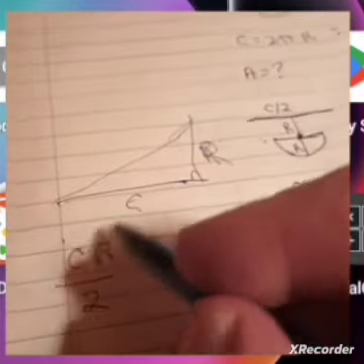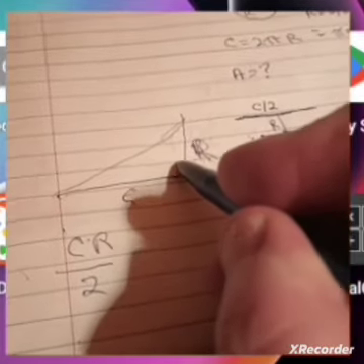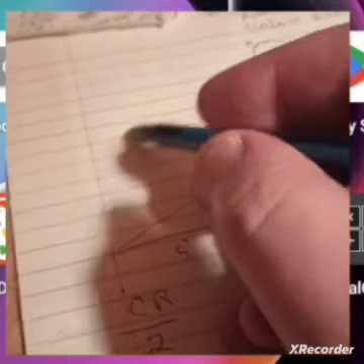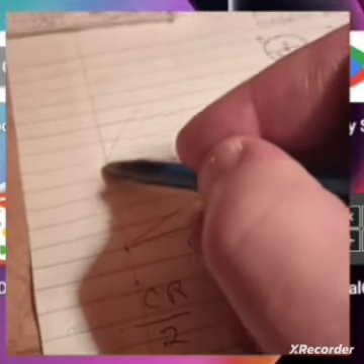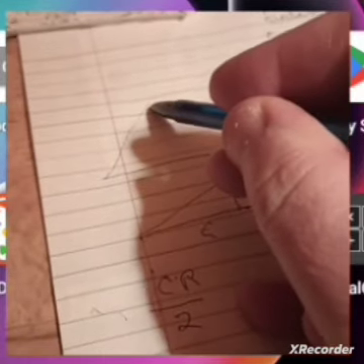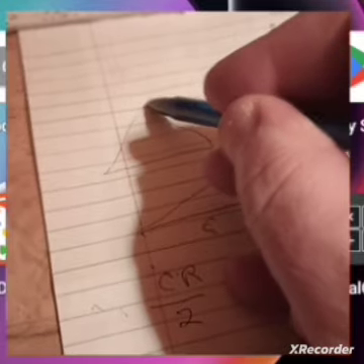Actually, that's based on like this. That's the center of the circle right here, right?